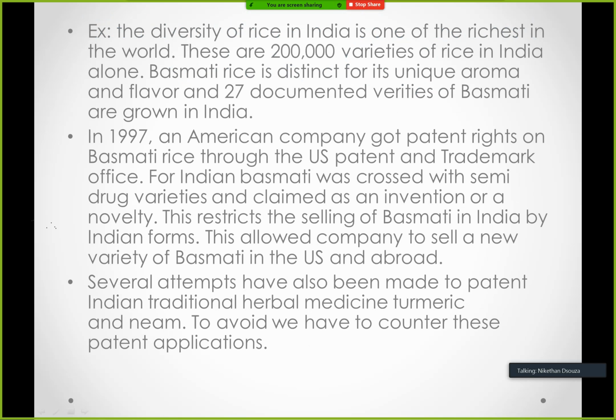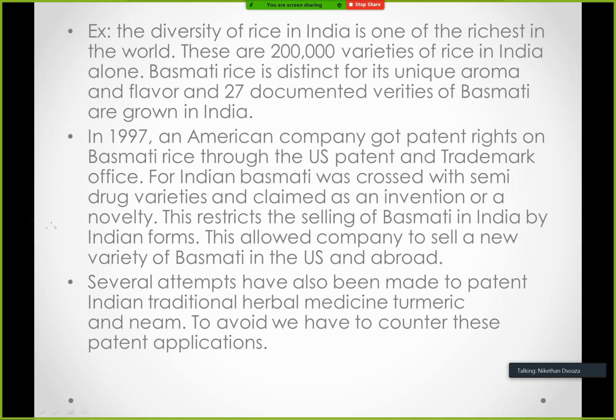See, we have around 27 varieties of basmati in India, and 2 lakh varieties of rice in India. An American company in 1997 claimed some aromatic properties and some medical properties of basmati, and they used a US trademark patent, and put a ban on growing and selling basmati in India.